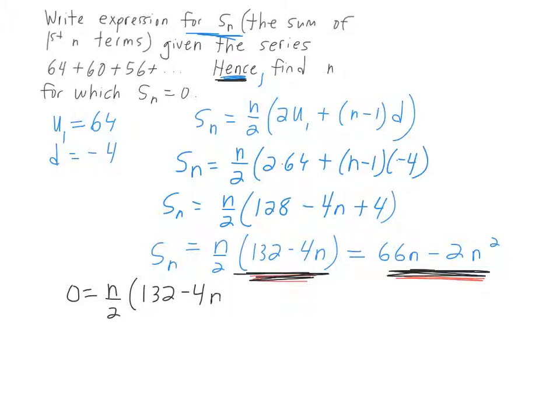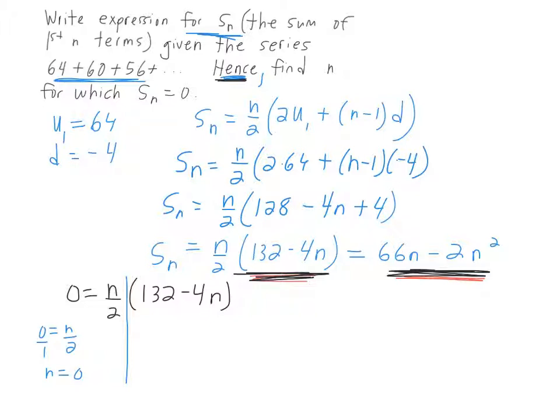If it's in factored form already, we can just set each factor equal to 0 and solve. In our first part here, 0 equals n over 2, put that over 1 and cross multiply, you get n equals 0. However, we can't have 0 terms. We can see right here we already have 3 terms. So this one would not make sense for the sum to equal 0.